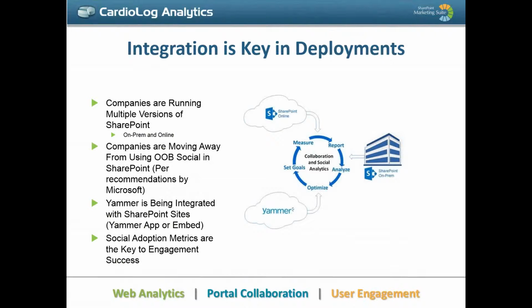They still want to be able to use the follow features with following documents, following people, following sites, and so on and so forth. They still want to use those social features that are based on the on-prem capability, but they want to integrate Yammer into that platform.